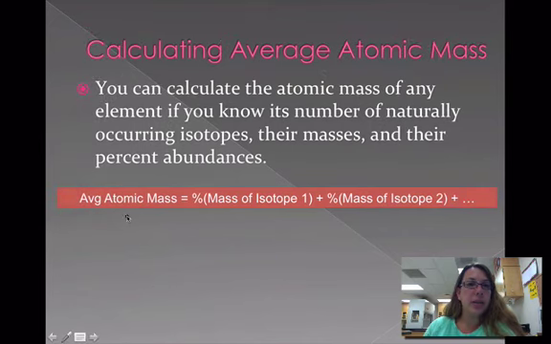Instead of your class grade, we do the average atomic mass. This is the periodic table value, the decimal number, and we can calculate it. All you do is take the percent abundance of the isotope times its mass, plus the percent abundance of the next isotope times its mass. Remember that for the percentage, you want to use the decimal form.